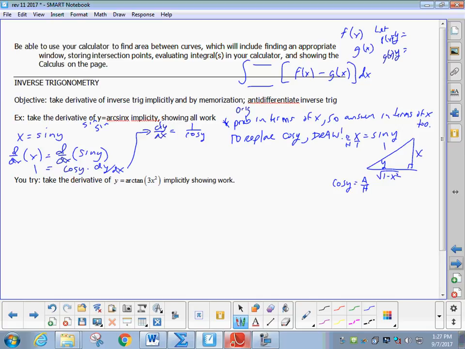Now I can replace cosine y with square root of 1 minus x squared over 1. And so if I do that, then my final derivative in x terms is 1 over square root of 1 minus x squared. And our derivative really has no signs of trig.